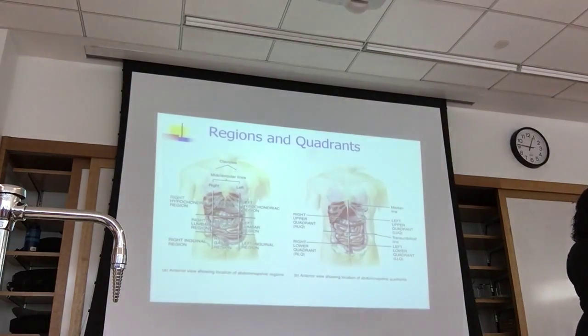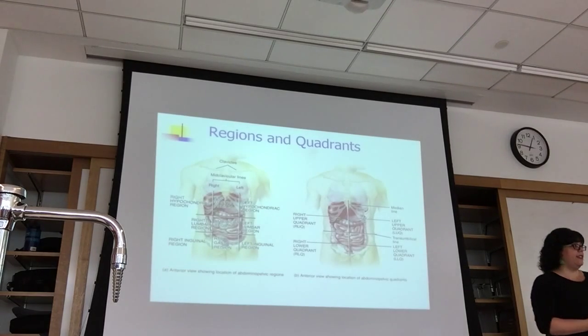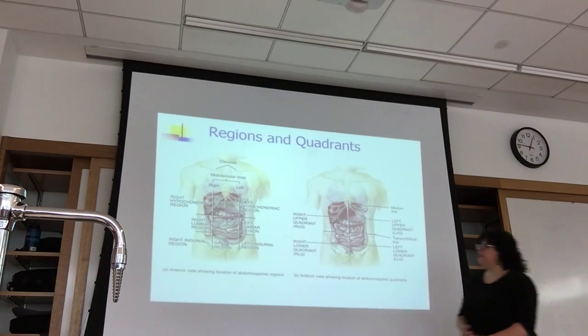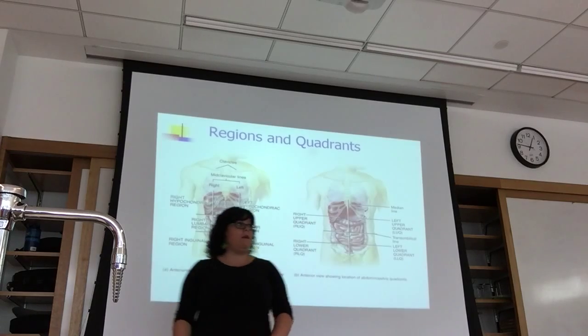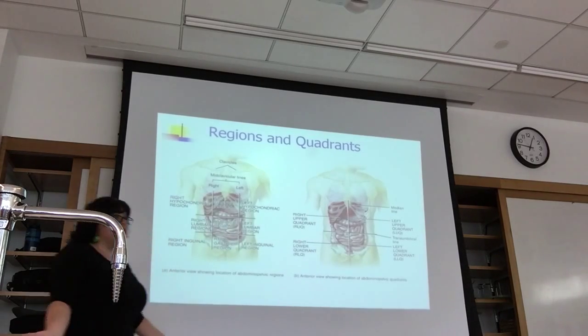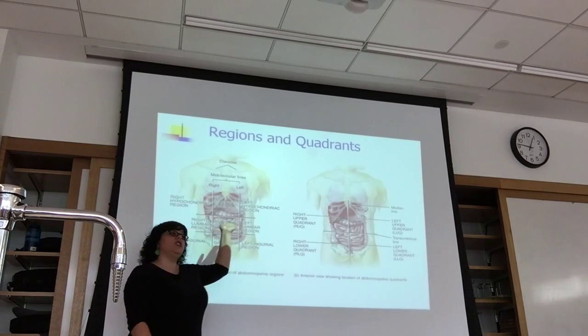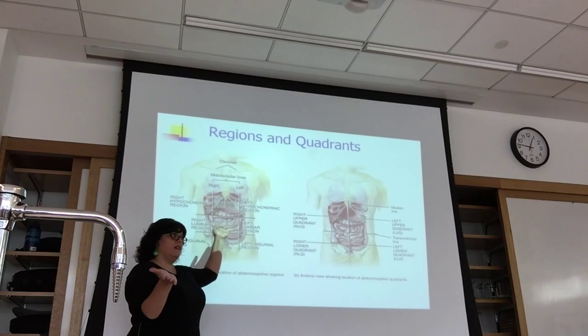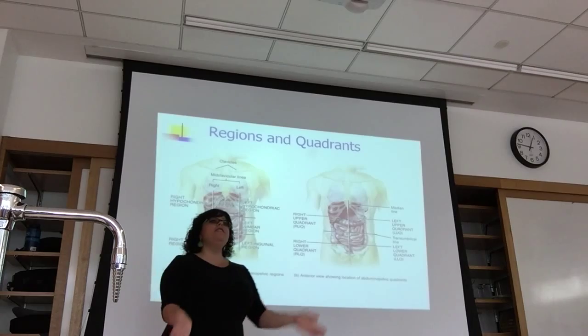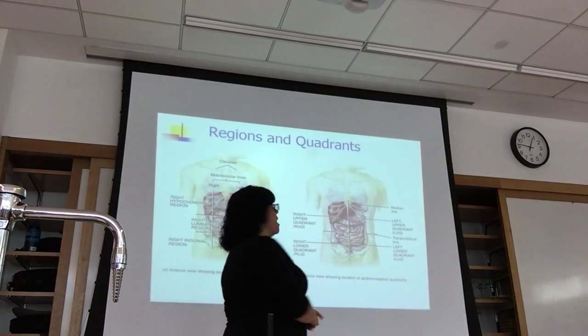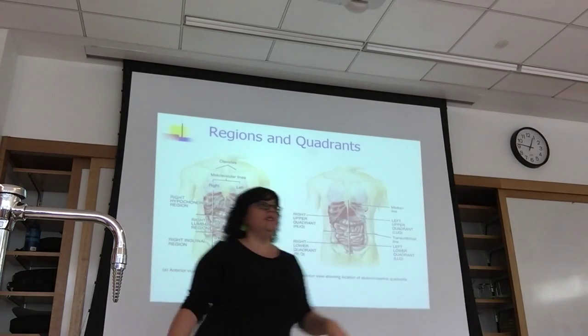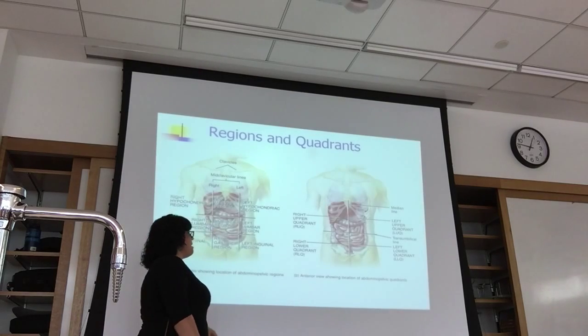Should we know all the names of the regions by heart also? Yes, definitely. If I gave you a tic-tac-toe board, you should be able to fill it in. Not that I'm going to do that, but if I said superior to the umbilical region is the, okay. Inferior to the left lumbar region is the, good.